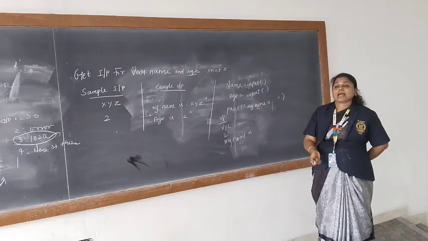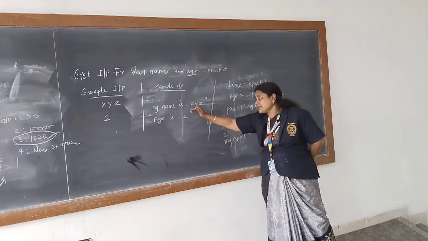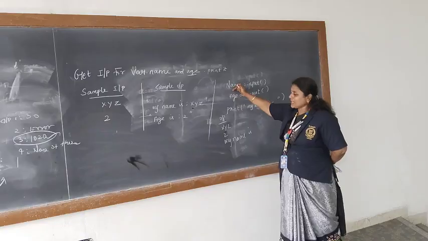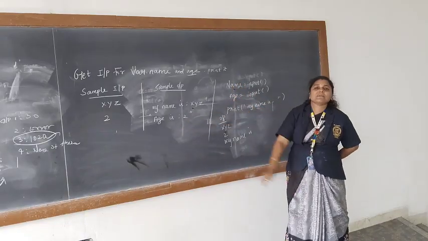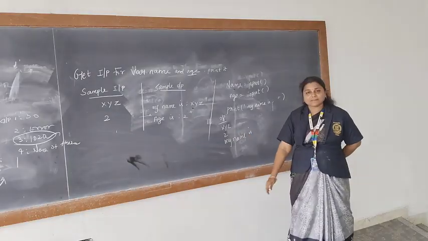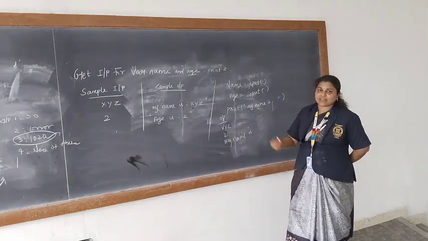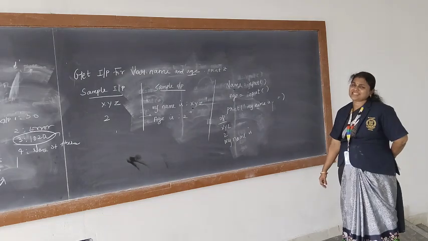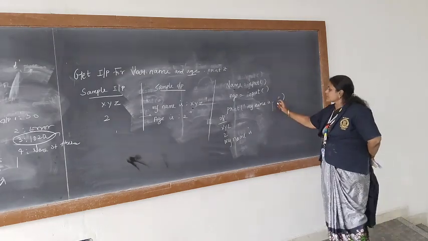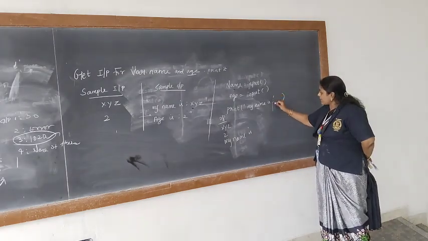But I need the sample output. My name is what I gave in the variable name, and my age is what I gave in the variable age. So any idea which change I have to make here? What change am I going to do? Any guess? Very simple, we have to put a comma.